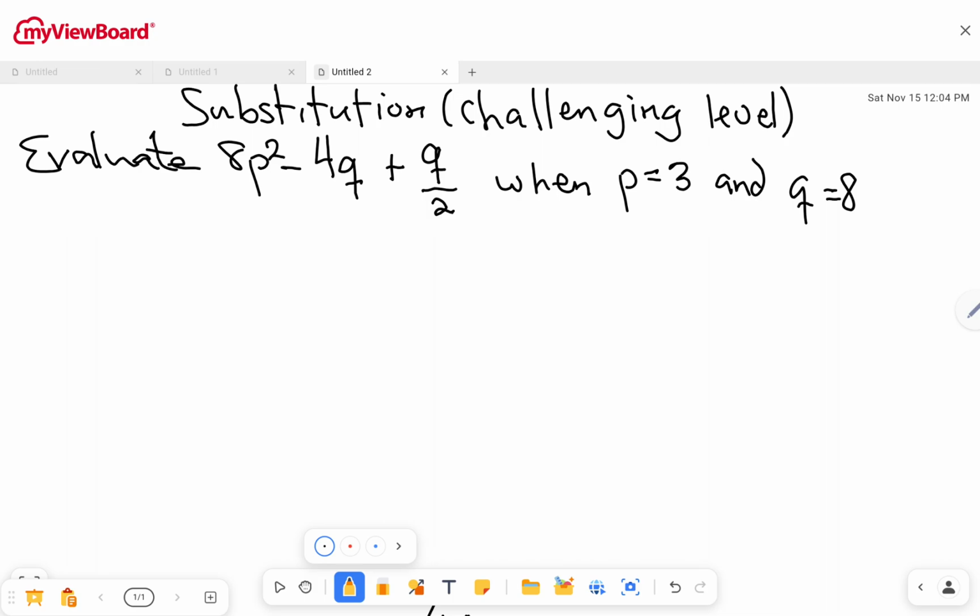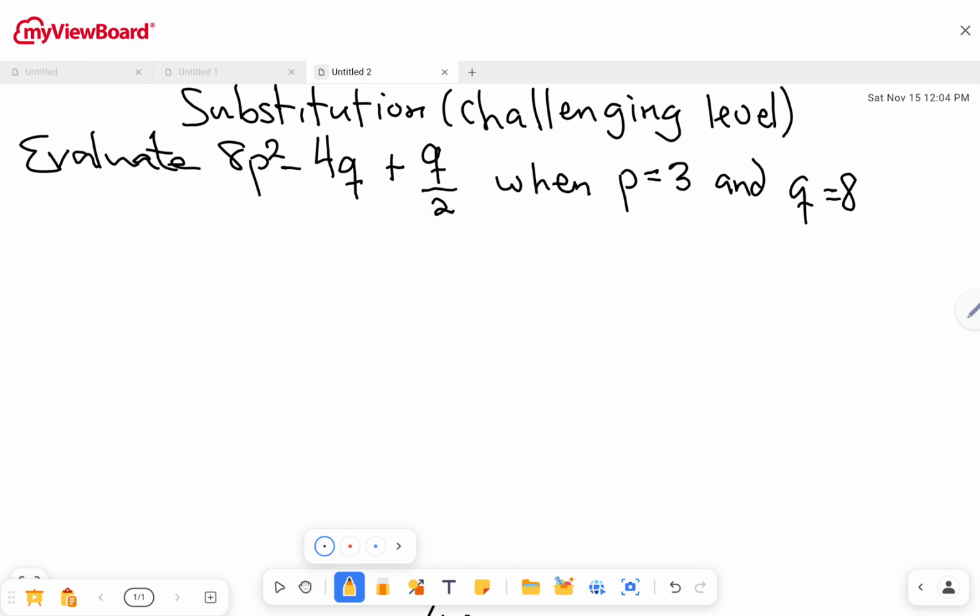It's the same way that you used in solving the first two questions that you are going to use in solving this question. So now for this question, we have: evaluate 8p squared minus 4q plus q over 2 when p is equal to 3 and q is equal to 8.